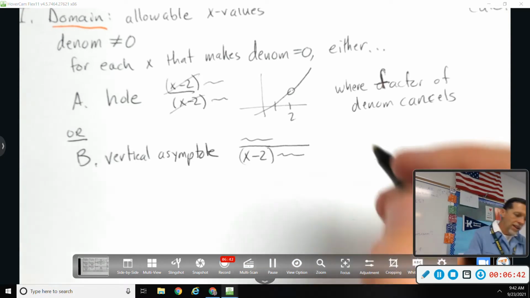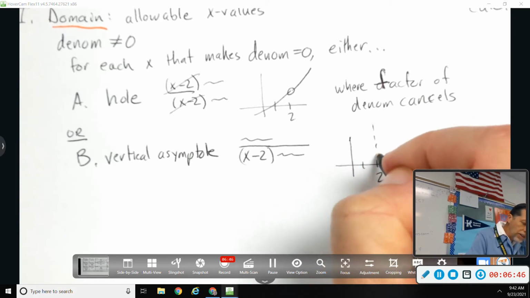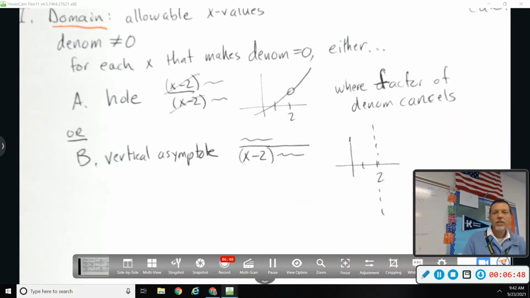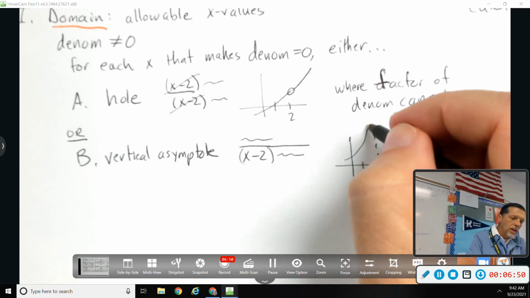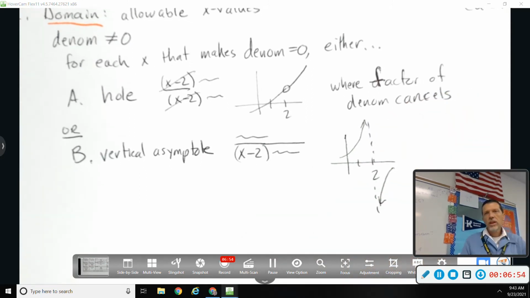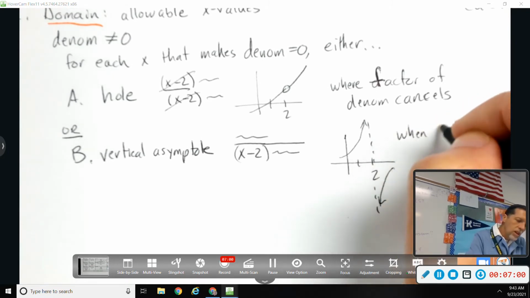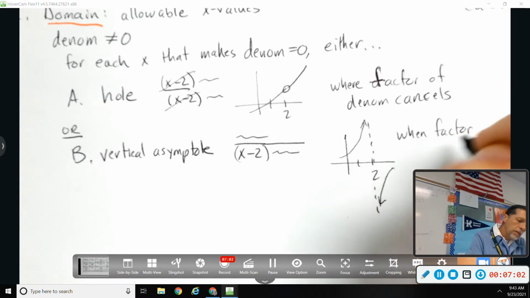Then at 2, I don't know what this graph looks like because I don't have any other information, but there's a vertical asymptote if the factor doesn't cancel. When a factor of the denominator does not cancel.